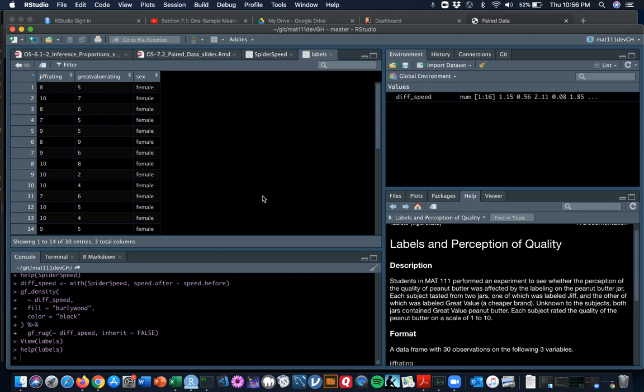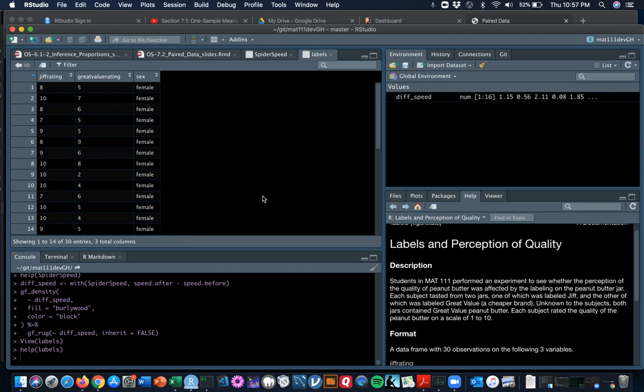And so they set up this experiment where they had a room and a little table with a chair at it. And on the table were 2 jars of peanut butter. One jar was labeled Jif, which is the famous brand name that's heavily advertised, and it's kind of expensive. And the other jar was labeled Great Value, which is like the Walmart brand, and it's cheaper.